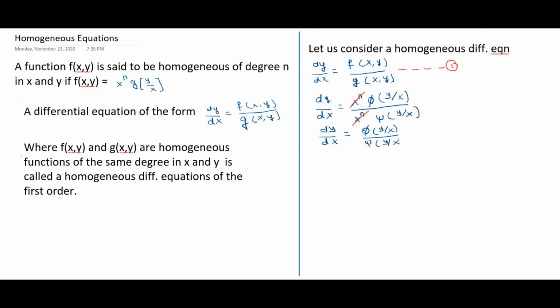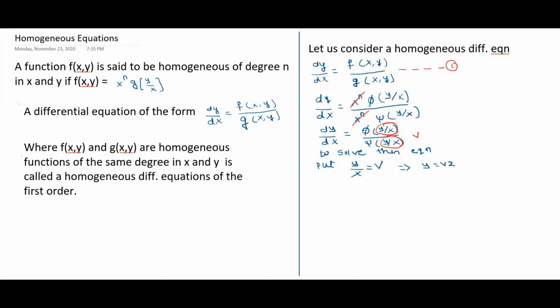Now to solve this equation, put y by x is equal to v. You can take the substitution y divided by x is equal to v. So that implies y is equal to v into x.